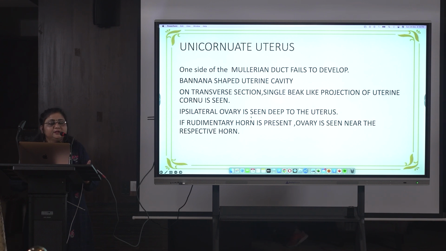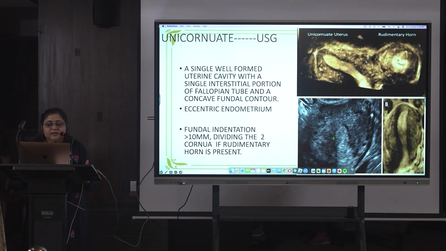The ipsilateral ovary is seen deep to the uterus, and if a rudimentary horn is present, the ovary is seen near the respective horn. So these are the pictures of unicornuate uterus. You can nicely see the fundal indentation is more than 10 millimeters like a bicornuate uterus. Here, why? Because it has a rudimentary horn which gives the appearance of a bicornuate uterus.